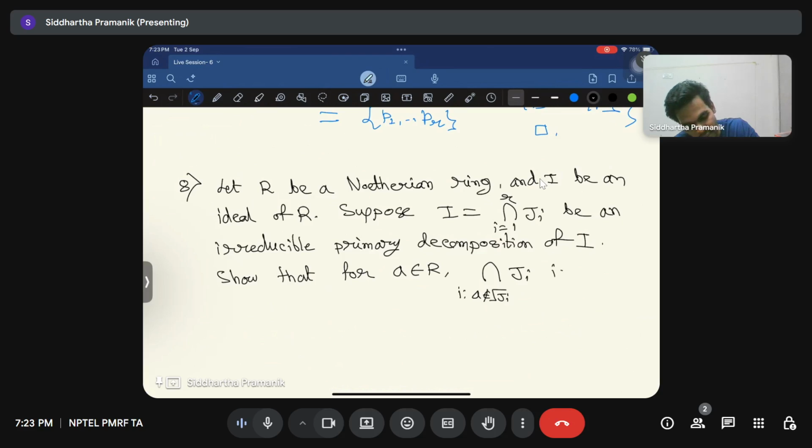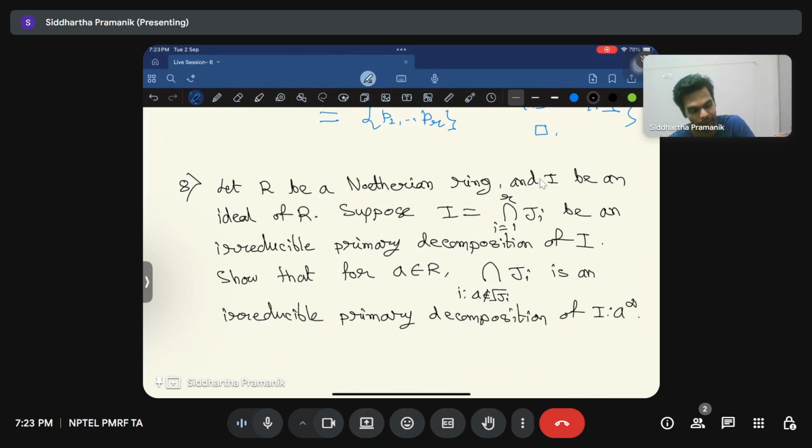Then this intersection is an irreducible primary decomposition of I, the saturation of I with respect to a.